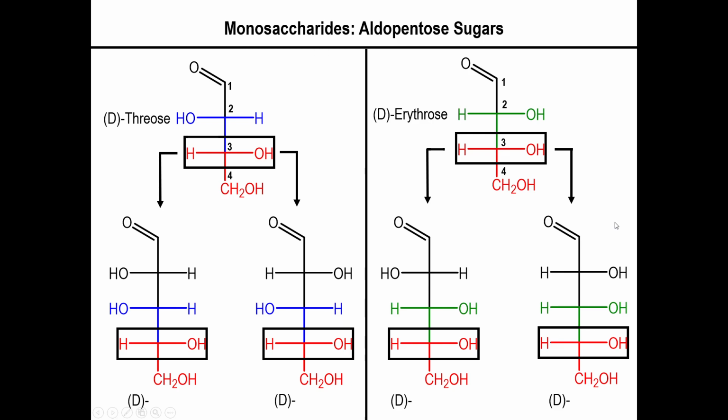None of them has a repeating pattern. And you've got to remember, these are chiral centers. So the fact that they are different, even if one of them is different from the other, that makes the whole molecule unique. If you want to be technical, it's a diastereomer of the one that you may be comparing it to. All right, but these things will have their own names.